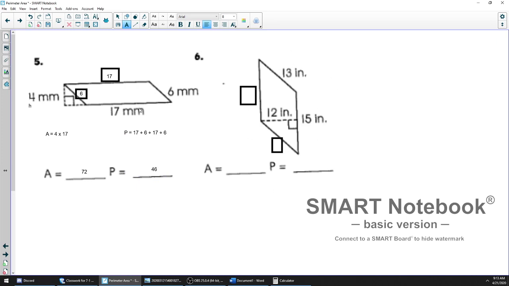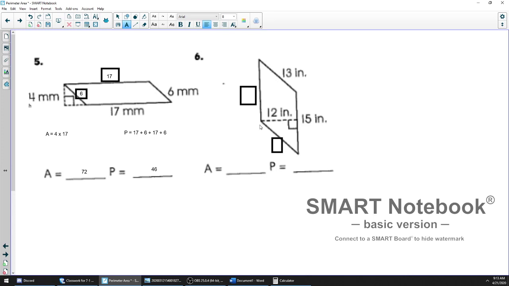Okay. Now look at this one. Different shape, right? It's a parallelogram, but it's on its side. And we could still do the same thing. If it helps you, you might want to turn the paper around, or just look at it as it is. So, before I do anything again, fill out the boxes.